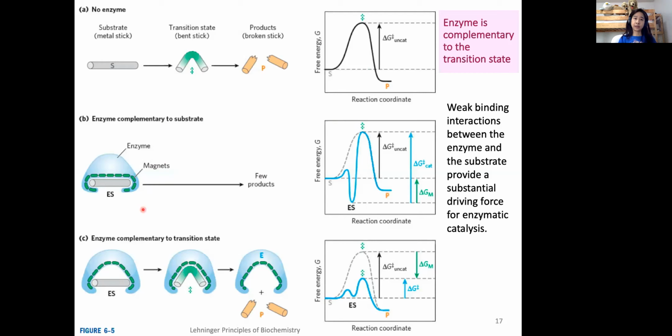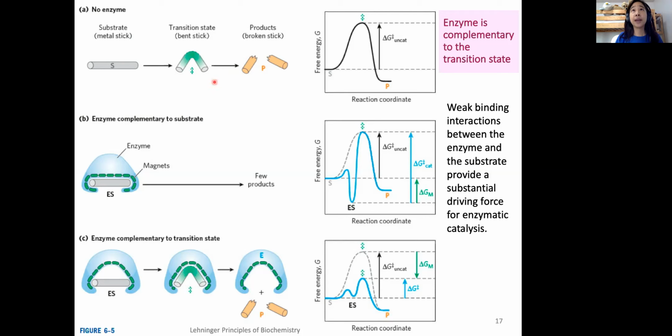What happens? Let's take a look. So if you have a reaction breaking a magnetized metal stick down into two pieces, in order to make the products, two pieces of metal stick, first you need to have the metal stick bent.